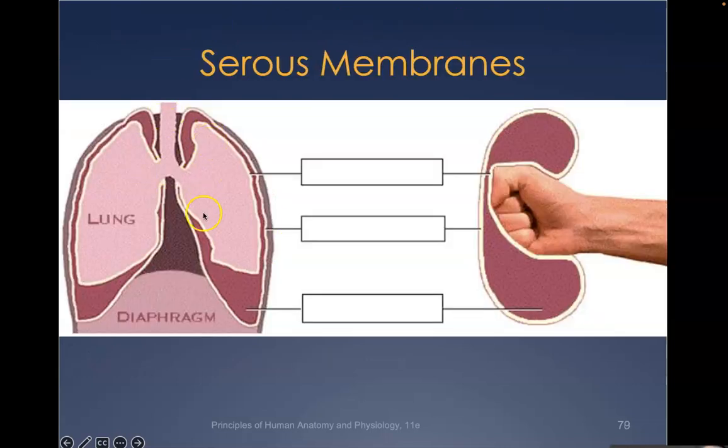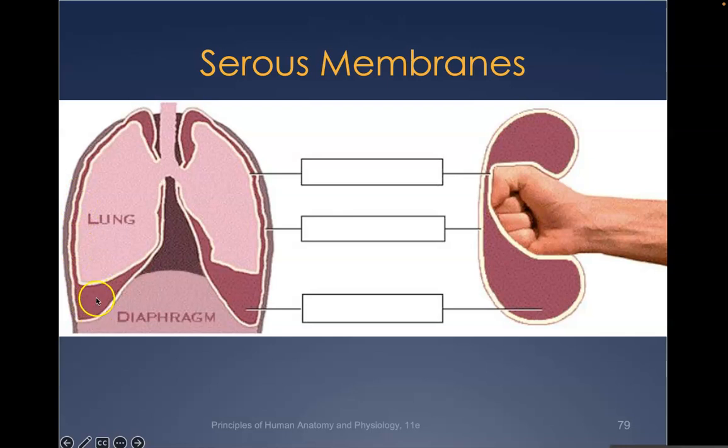Here we go. So here's each of your lungs, right? And we have this double membrane that surrounds them. This is the pleura. Now, the outer layer here is called the parietal pleura. The inner layer that's right up against the lungs is called the visceral pleura.